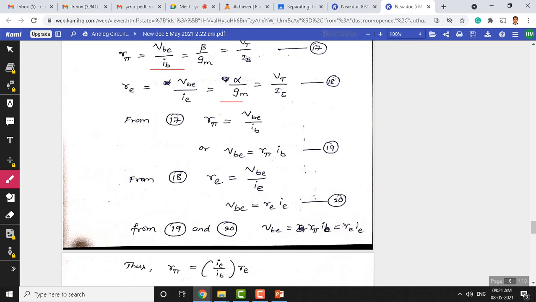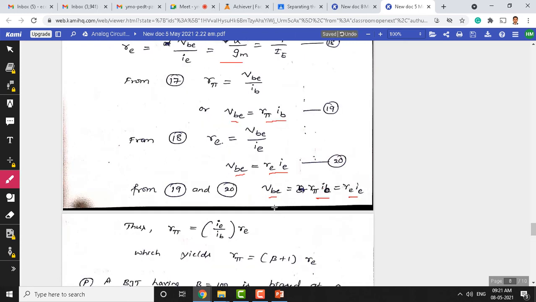So VBE is equal to R pi into IB, and we can equate that to RE into IE. Since the left hand side VBE is common in equations 19 and 20, we can also equate the right hand sides.